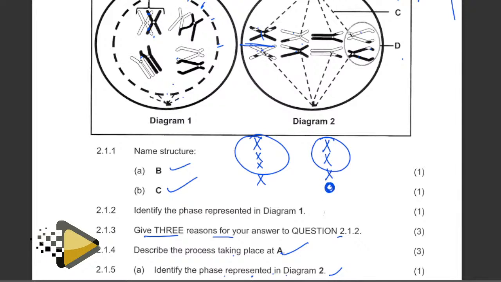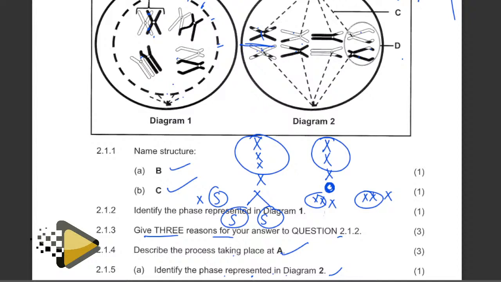Yes. So it means that when this one divides, this cell is going to have 5, and the other one, when it divides, will give 2 cells, but each will only have 3. While this one, remember it's meiosis 2 now, each of them is going to have 5 because it's supposed to split equally.